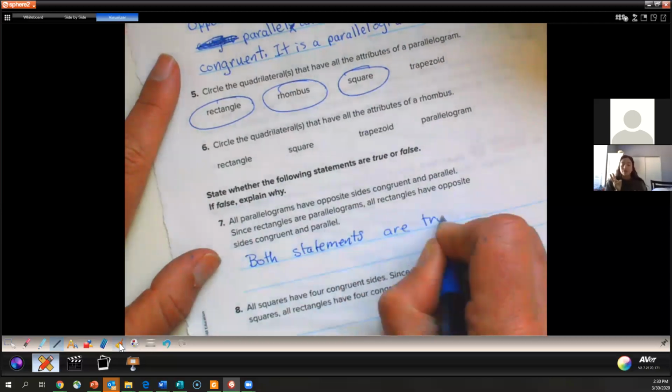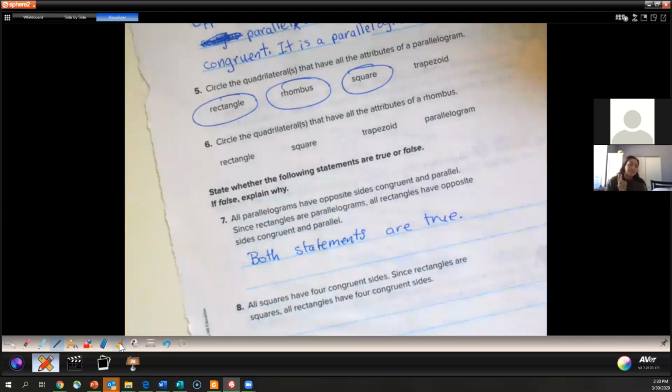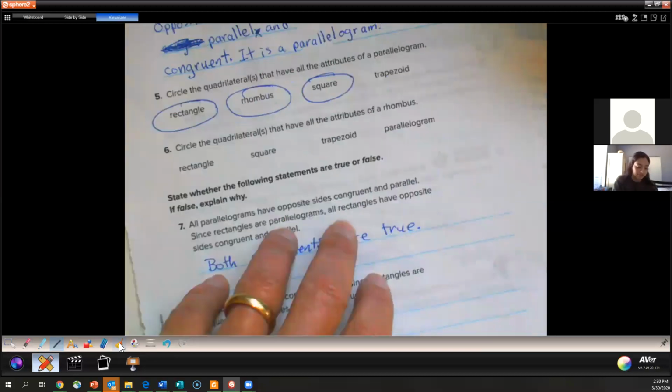So boys and girls, what Mr. Yates is doing right now is saying both statements are true. Now, if they said a statement in there that was false, we would want you to add a because as to why it was false. So we're not going to do number 8 just because we did number 7. We showed you how to do that one. And then let's go ahead and take a look at number 10, Mr. Yates.